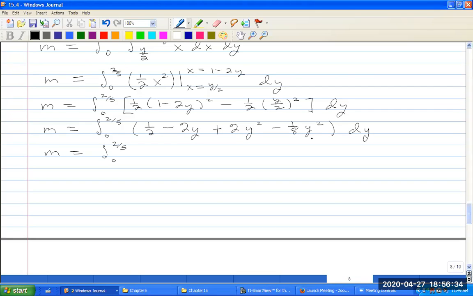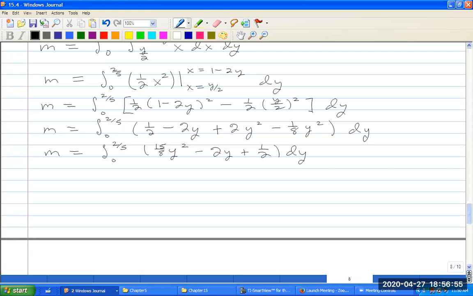So 2 minus 1/8, 16 over 8 minus 1 over 8 is 15 over 8 y squared minus 2y plus 1/2.